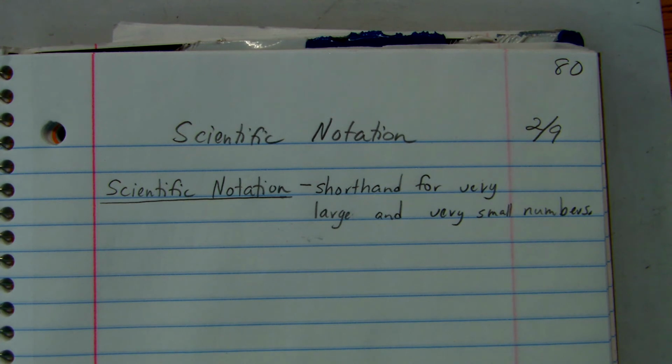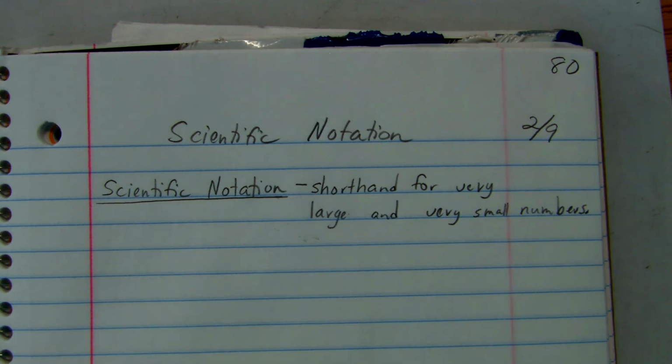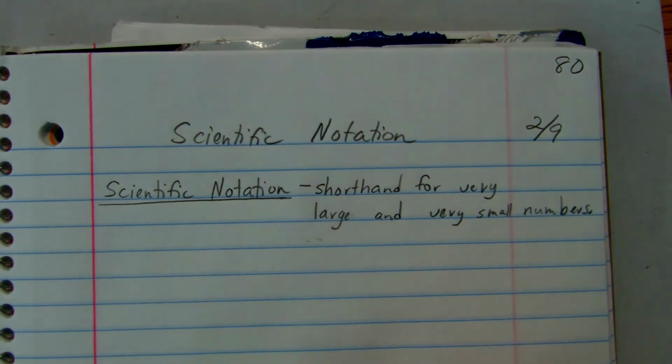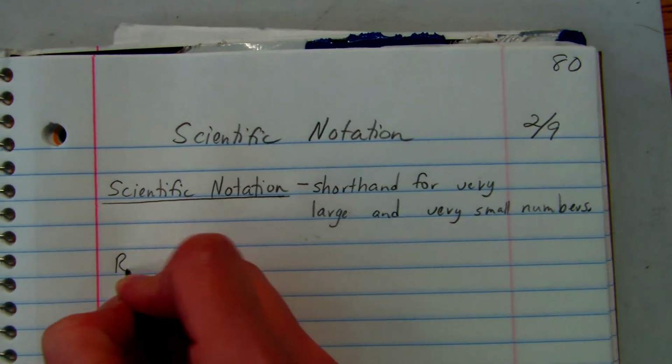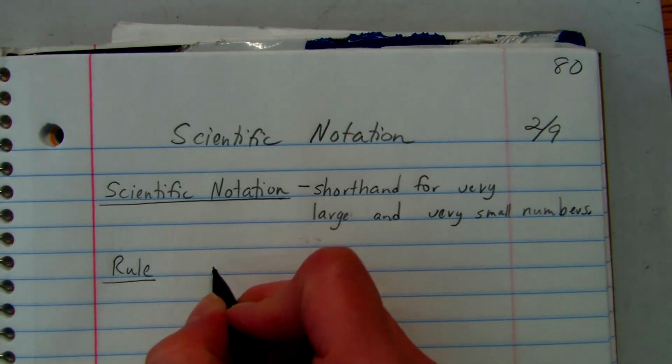And then there's a rule for how we can do scientific notation, and the rule has to do with being able to compare them and being able to later on do some operations. Next week we're going to multiply and divide in scientific notation, and so you want everything to be that way to start with. Okay, so the rule when you are putting things into scientific notation, this is the setup.